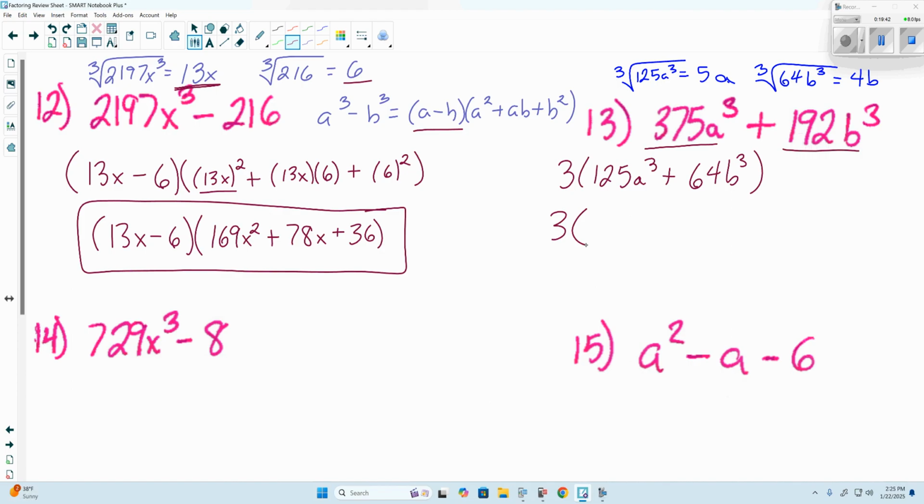Now for our sum of two cubes, our first part is a plus b. So our a term here is 5a. Plus our b term is 4b.